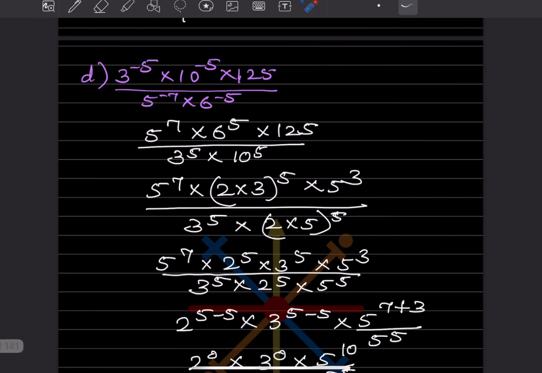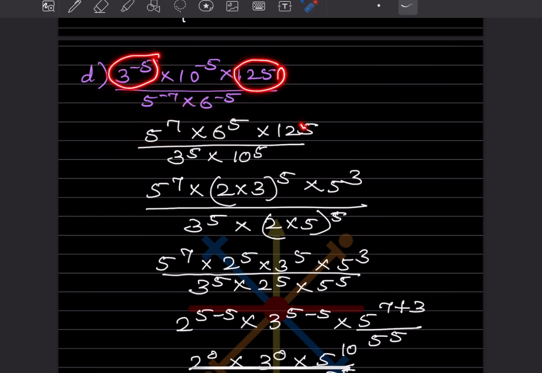Now in this one, what you can see is that all the bases are different here. There are different ways of doing this one. We can also bring, this is 5 raised to minus 7. So if we make it positive, this will go in the numerator, so that is going to be positive. Again, if this goes in the numerator, that is going to be positive. And here this is already positive.